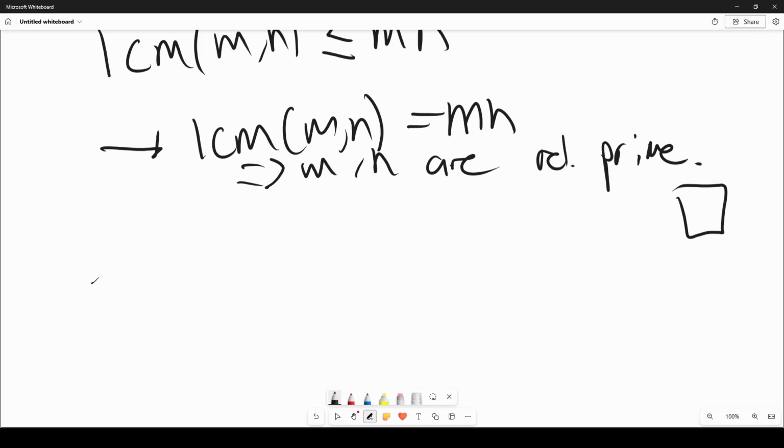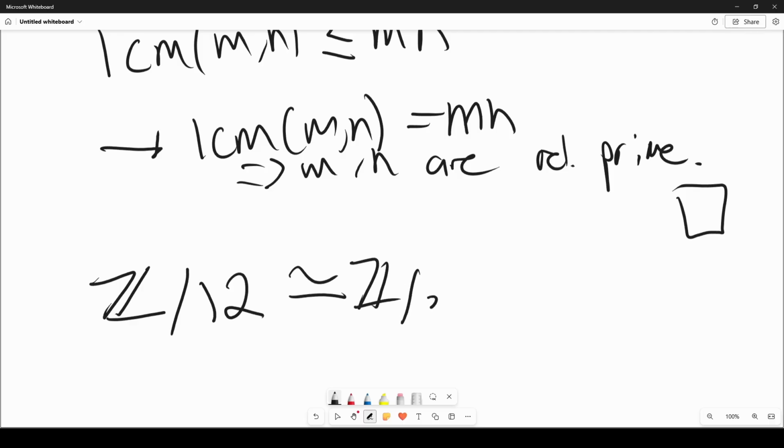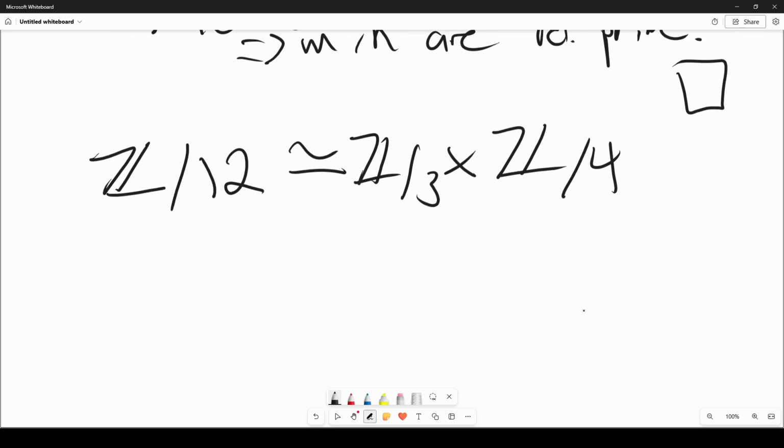For example, if you had a cyclic group of, let's say, Z mod 12, you could rewrite this as Z mod 3 cross Z mod 4, because 3 and 4 are relatively prime. And maybe thinking of Z mod 12 as this is easier than thinking of it as this.